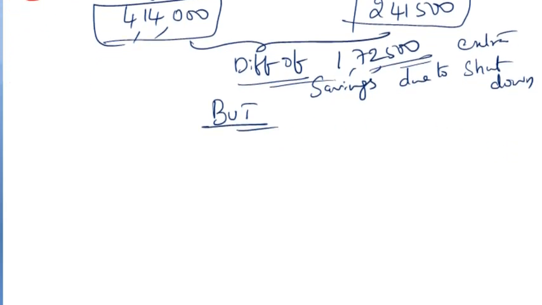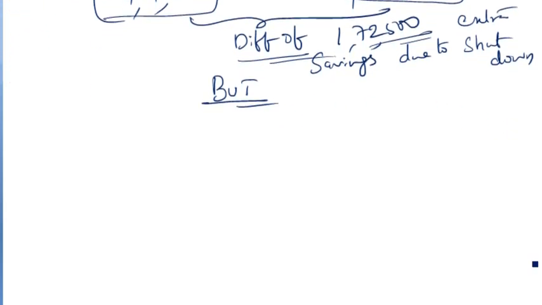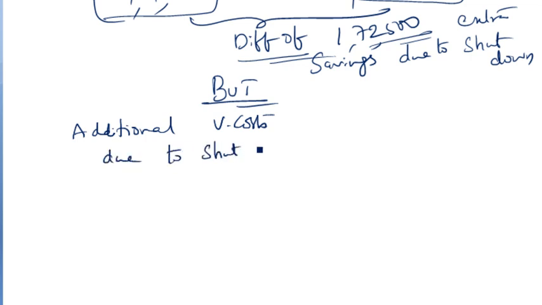So let us see what are the remaining things that have been there in the question, right? If you can see, there is an additional variable cost due to shutdown, or I can say discontinuance.